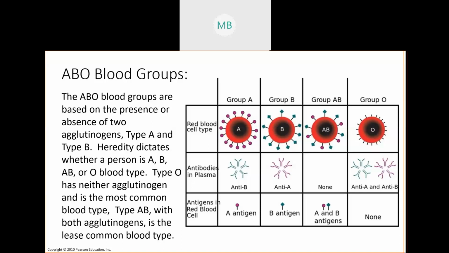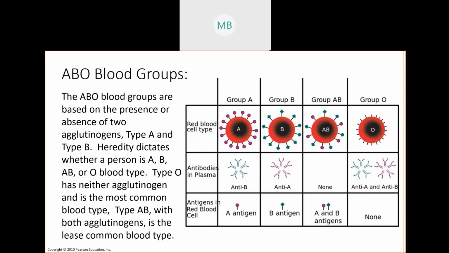But if you are the one that needs the blood transfusion, if you are an A blood type, you can either get blood from A or O. If you are a B blood type and you need help, you can either get your help from B blood or O blood.